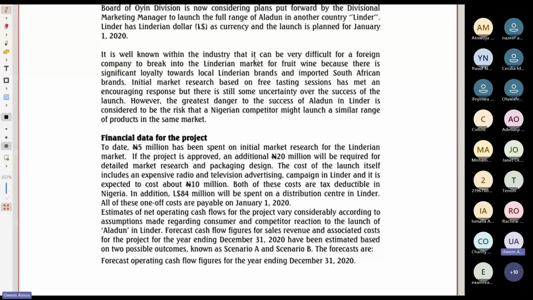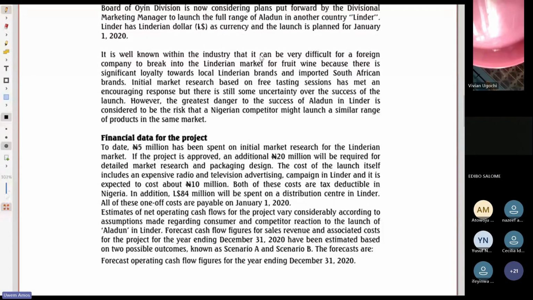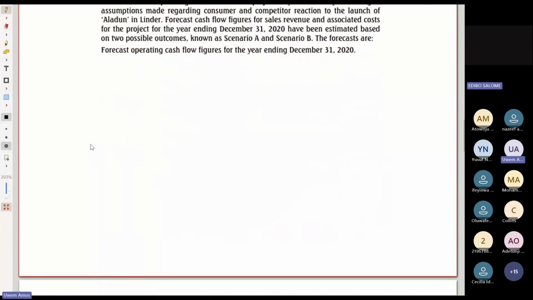Forecast cash flow figures for sales revenue and associated costs for the project for the year ending December 31st, 2020 have been identified based on two possible scenarios, Scenario A and Scenario B. The forecasts are operating cash flow figures for the year ending December 31st.